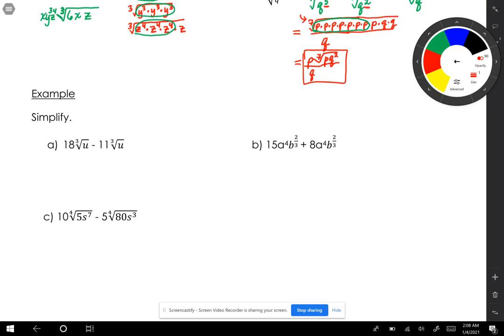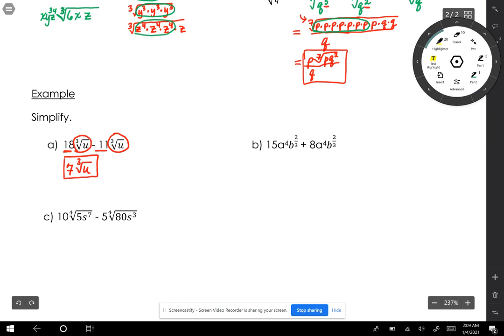So if these are alike, which they are, then all you do is you take 18 minus 11. So that'd be 7. But you leave the radical stuff alone. You don't combine them. That's all you do. Okay. So look basically to see if they're alike. If they're alike, you're in really good shape.